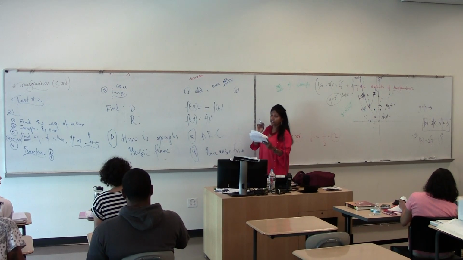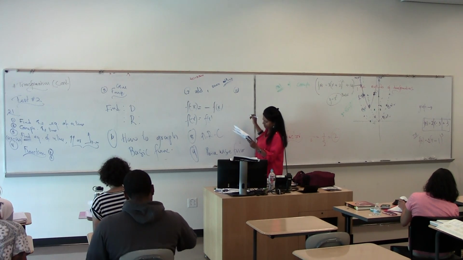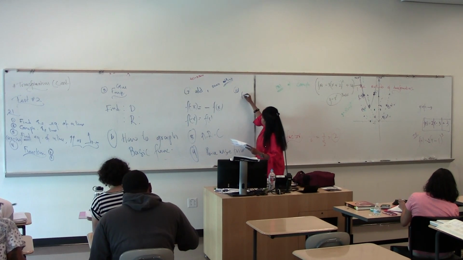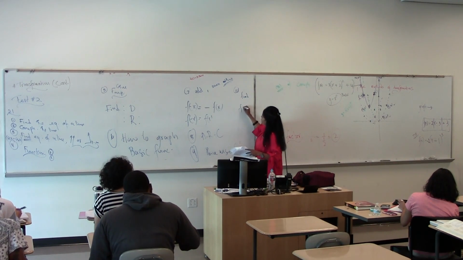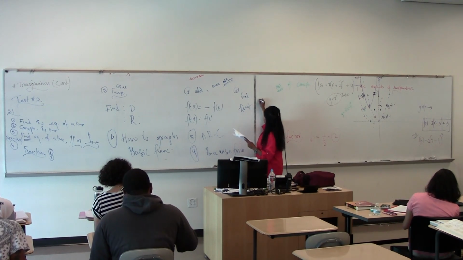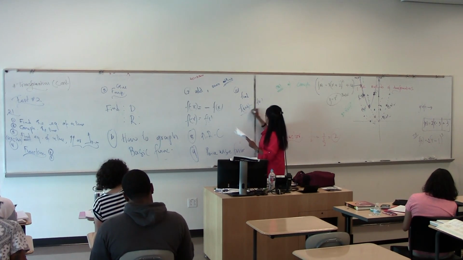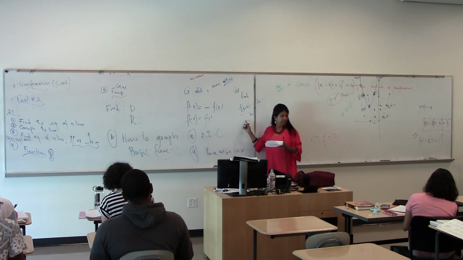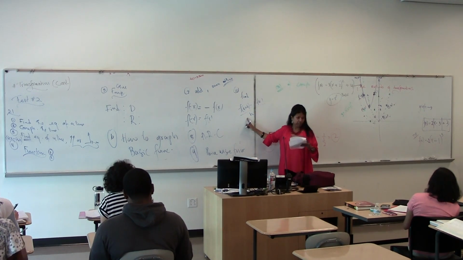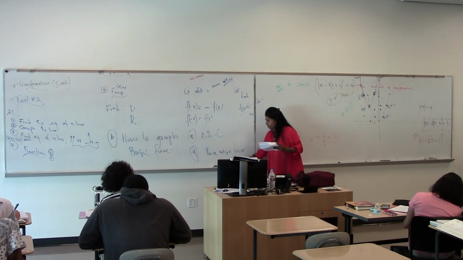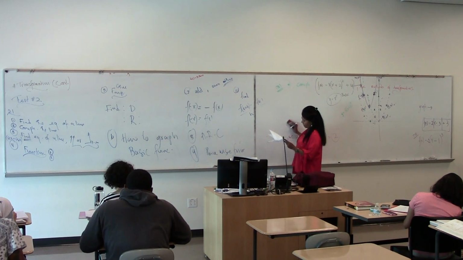Number 10: remember the difference quotient? How to calculate the difference quotient? Find f of x plus h minus f of x, over h. We did this difference quotient, so that's number 10, a difference quotient problem. What is the next one?